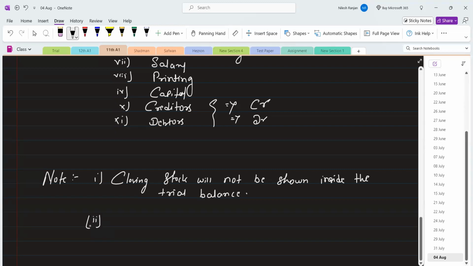There is note number two. The second item is the cost of goods sold formula I have told you in the previous class.